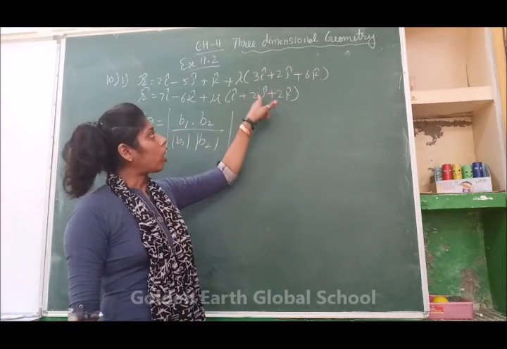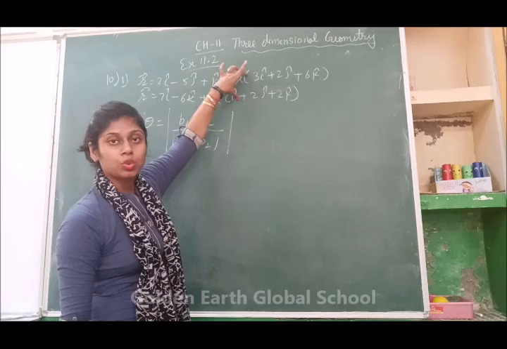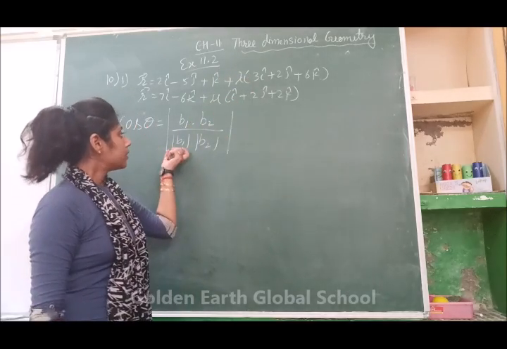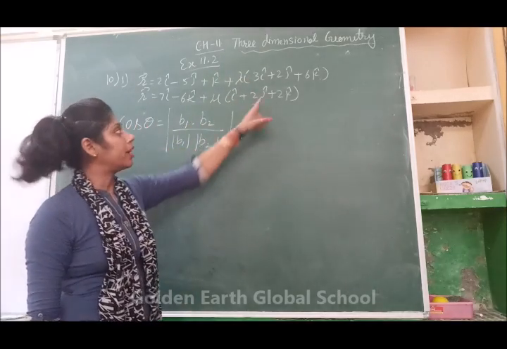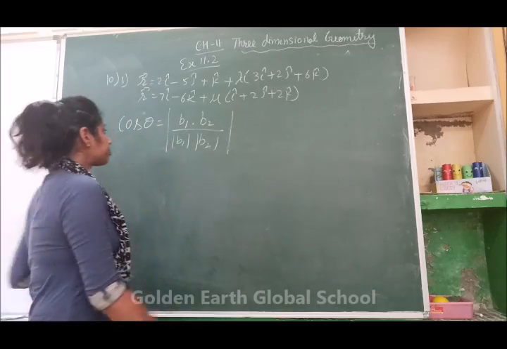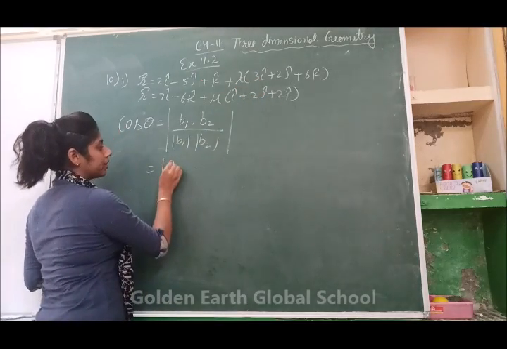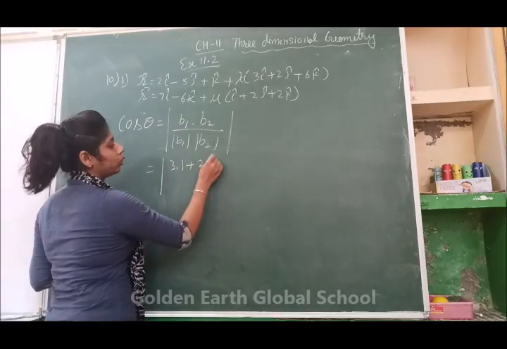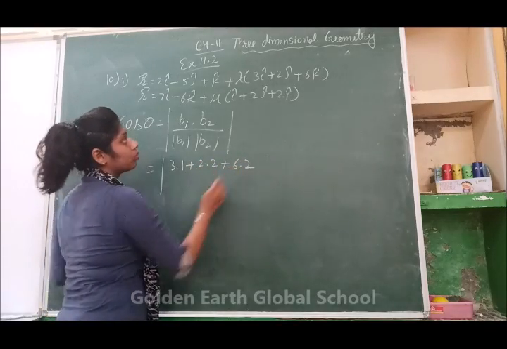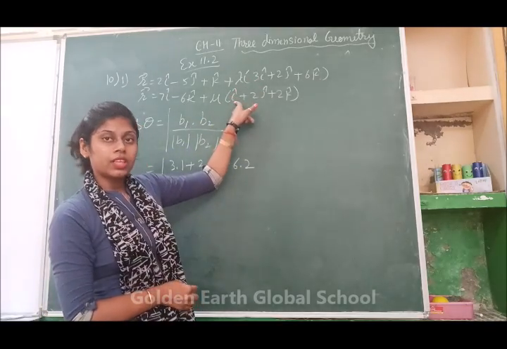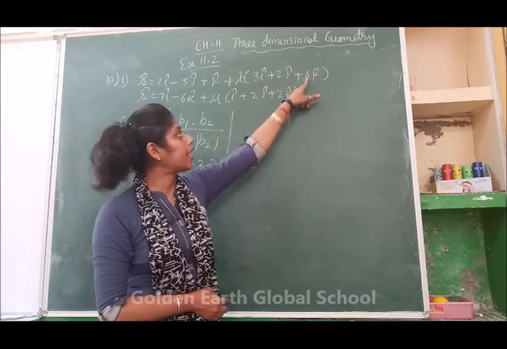You have to do the dot product of these two terms and then find the magnitudes in the denominator of these two vectors. See how? 3 into 1 plus 2 into 2 plus 6 into 2. I component multiplied with i, j with j and k with k.